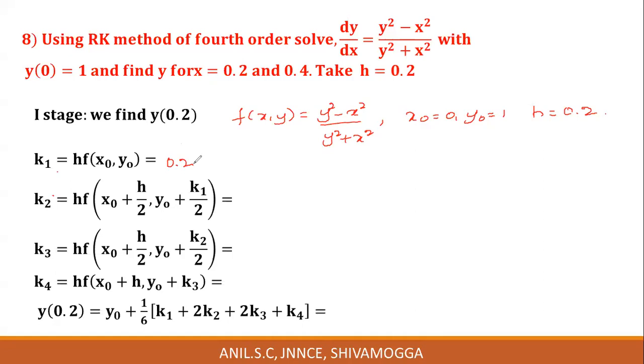K1 is 0.2. Now we find K2. K2 is given by h into f of x naught plus h by 2, y naught plus k1 by 2.